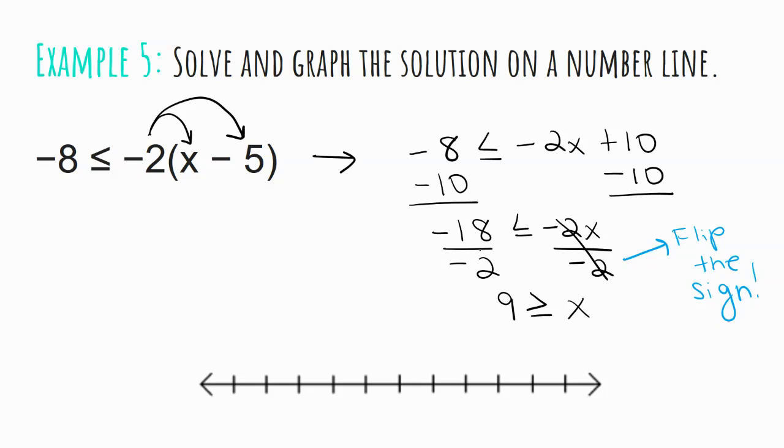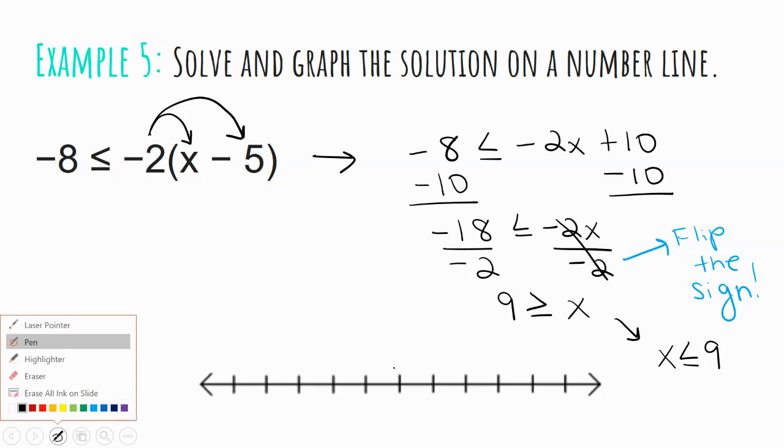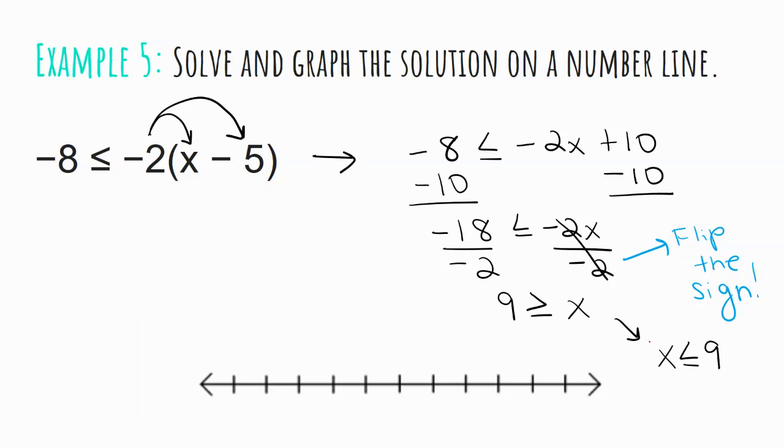Now, if I were to flip the entire equation, this would read x is less than or equal to 9. So you can kind of read it backwards if you want. Notice that the symbol is pointing toward x, which means x is the smaller and 9 is the larger. So if that's confusing you, you can just flip it around and you can write it like this, where the variable's on the left. Just make sure that the bigger side is pointing toward the 9 in both of these.